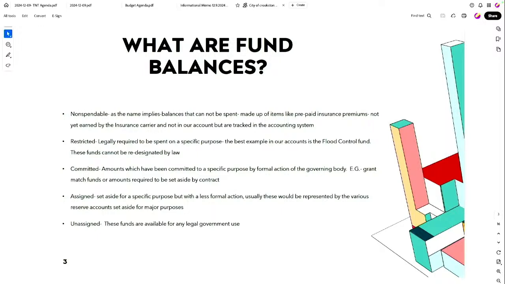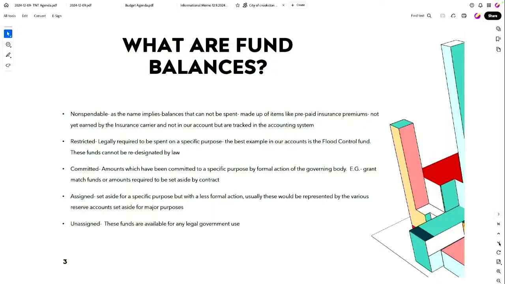So it's a formal action by the council, a higher level than just saying we're setting it aside. Now, the committed, it's set with a council action, it also needs to be uncommitted by a council action. The next line is assigned.